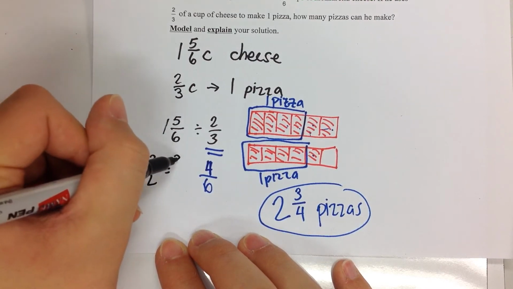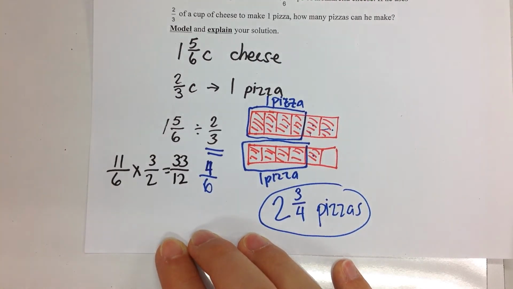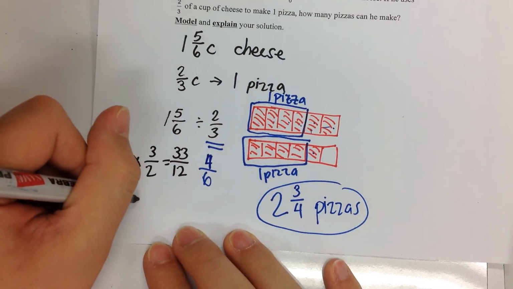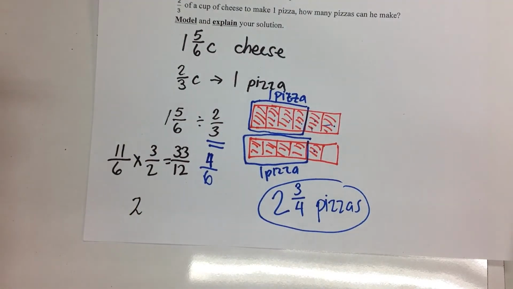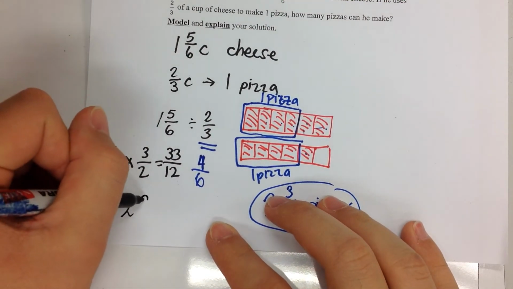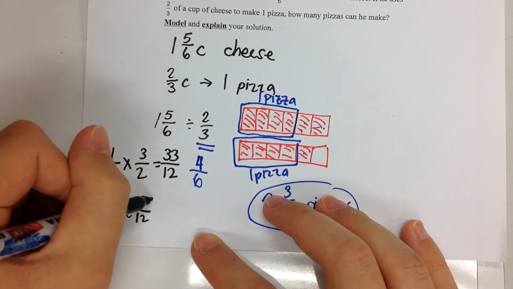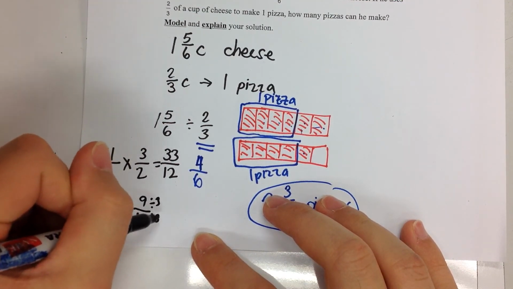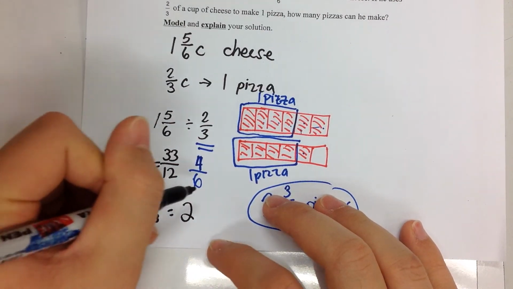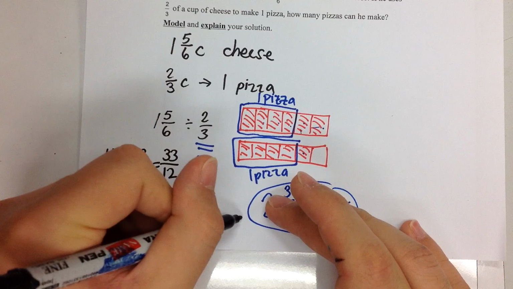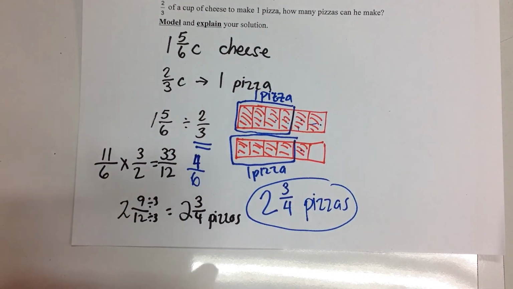And I get 33/12. 12 fits into 33 2 times. 2 times 12 is 24, so that means my remainder is 9 out of 12. And I can reduce this by a factor of 3. So I get 2 3/4 pizzas. Same. That means my answer here is correct.